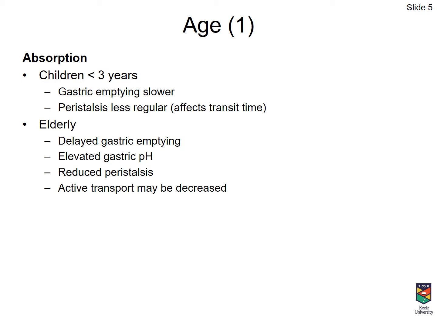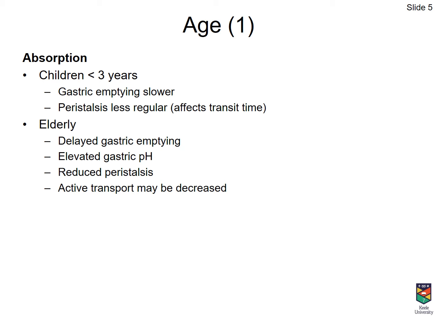Finally, if a drug is given to a young child via an intramuscular route, young children tend to have less well-developed musculature and may use it less than adults, and as a consequence the blood supply may be less than you see in adults, so that may inhibit absorption via the intramuscular route.